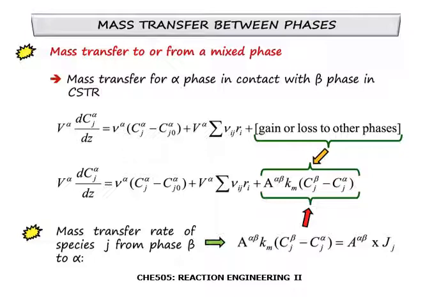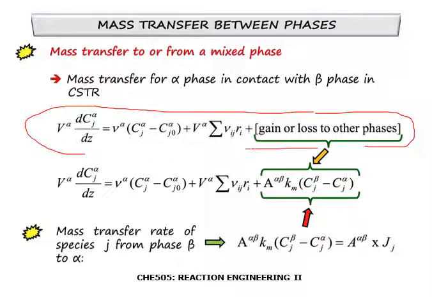For example, there is mass transfer for the alpha phase, which is in contact with the beta phase, for species J. Let's say we don't know whether J is a reactant or a product. Previously it has been introduced to you that for a mixed phase, you have to use this mass balance equation. And this term of gain or loss to other phases simply means the mass transfer rate, right?